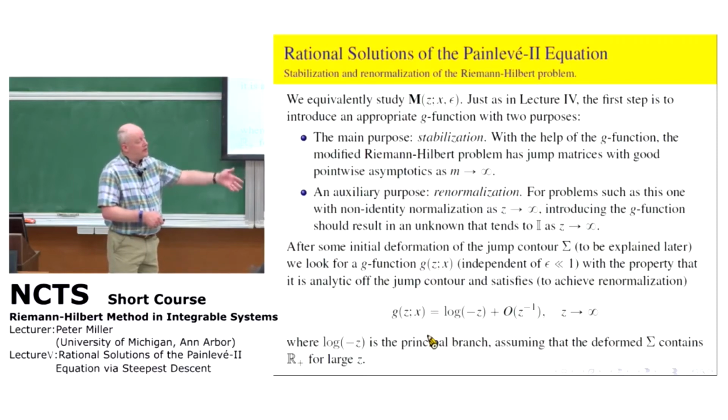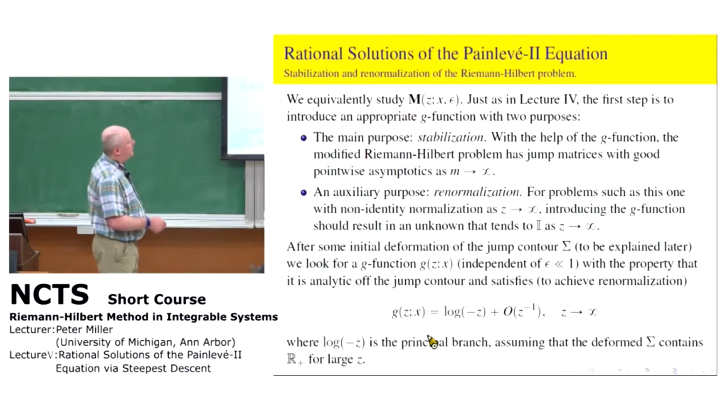It's got minus ones there. So there's some kind of a branch cut in the problem going off in the positive direction, and that's why I want to have log of minus z here. Let's take that to be the principal branch, and we're assuming here that the deformed contour sigma, which I have to explain to you, is going to contain the positive real line for large enough z. So this thing's branch cut is exactly in that positive real line, and that's the place where I want the contour to be.